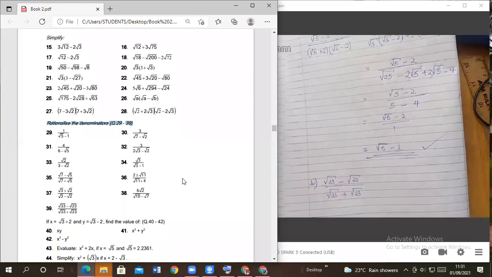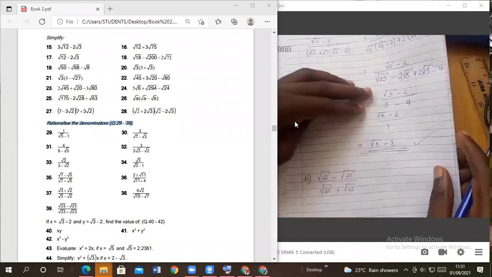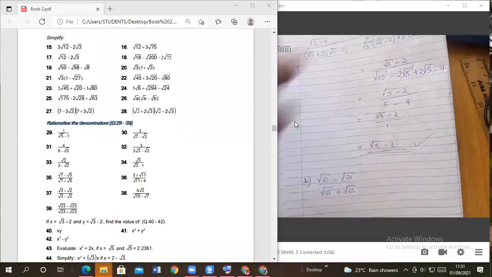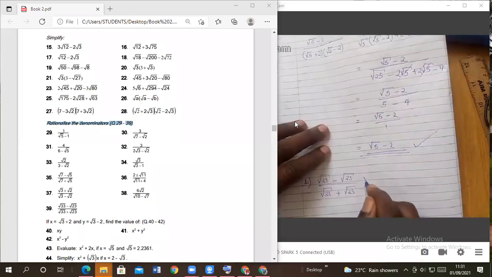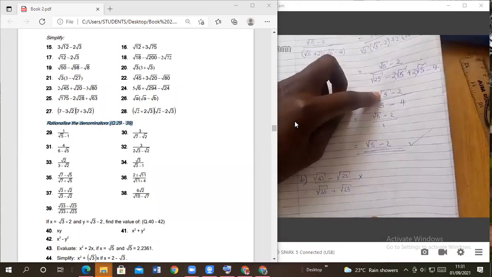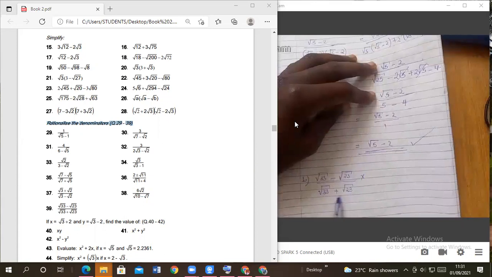Now I will not go through all the other steps I was talking about. We shall just keep mentioning them, okay? Are you together? Here we want to rationalize. So what do we do? We get the conjugate.